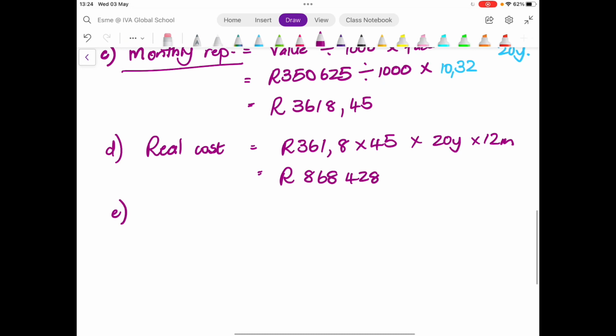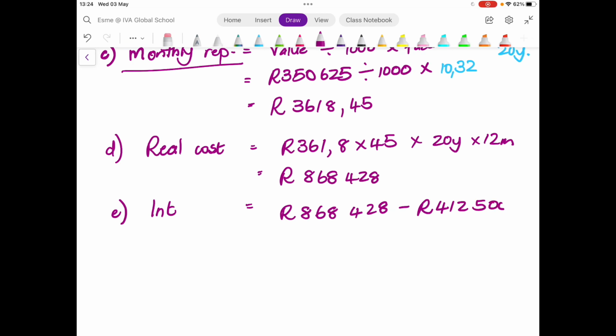So let's have a look at the interest, which is what we are looking at. So the interest is going to be the real cost, 868,428 minus 412,500.